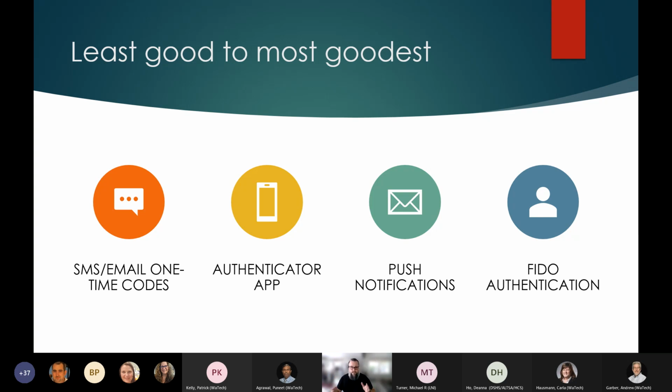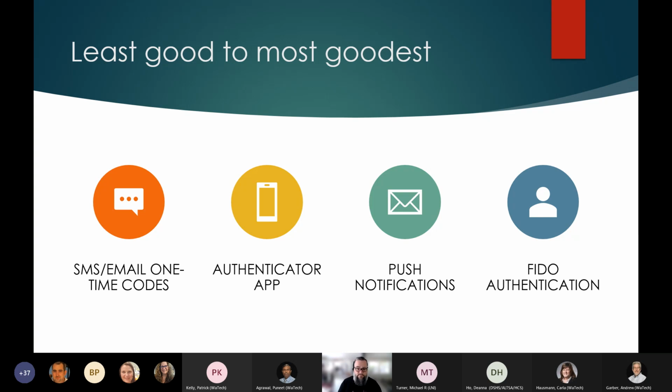The third step, that silver bar there, is push notifications. These are becoming a lot more popular, partly from the security side, and partly from the ease of use side. Google's used these for a while, Microsoft has used them, and a lot of major MFA players do.